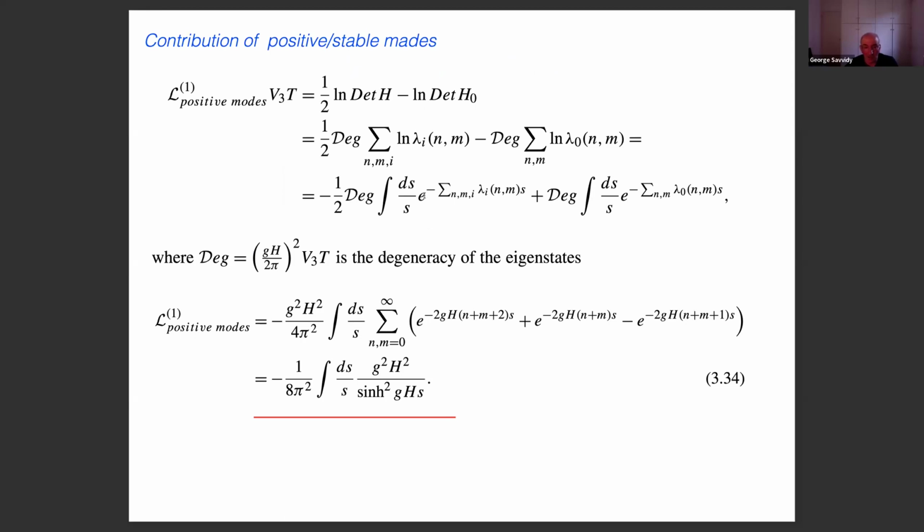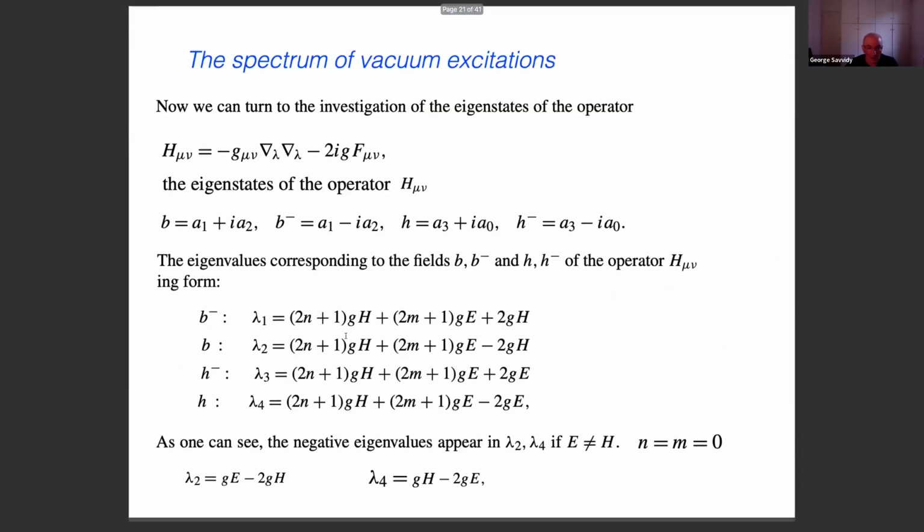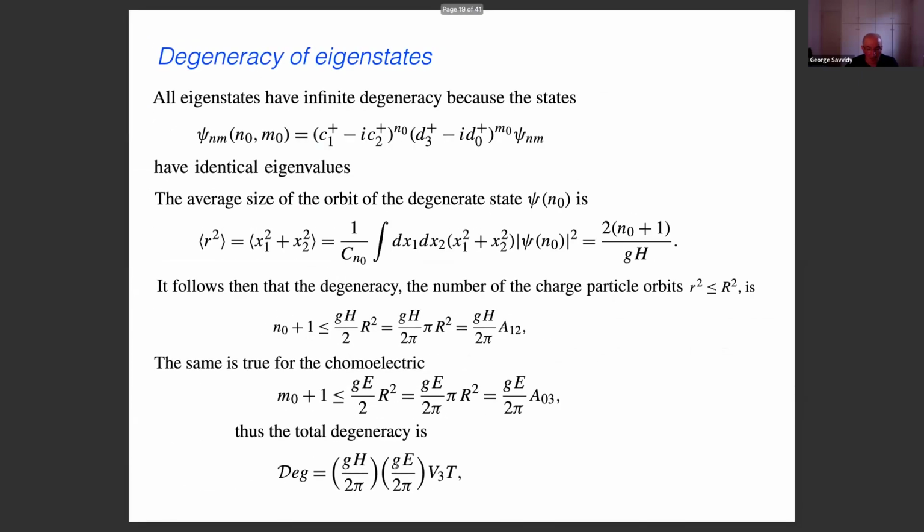So with this exponent, we sum it, one can do it with some effort, and you will see that it becomes the integral. Also you see degeneracy, which is a very important thing. So if h is equal to e, here will be g square h square times volume.